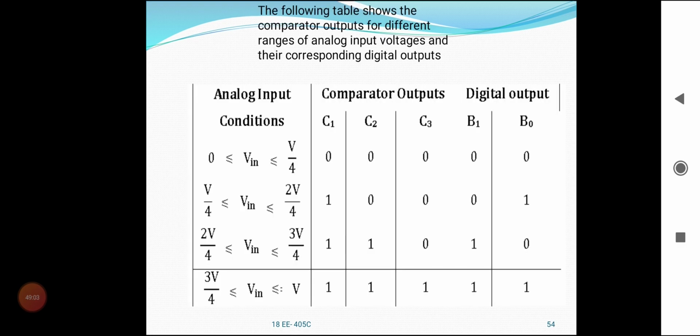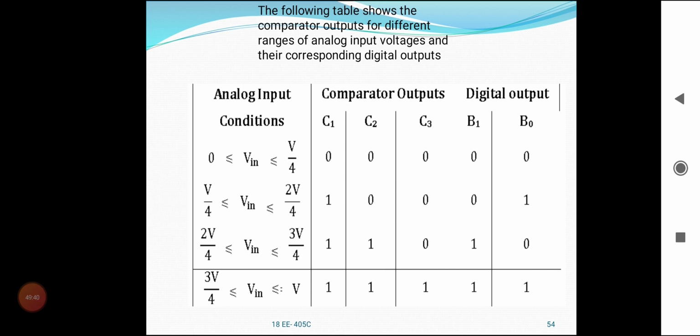The following table shows analog input conditions, comparator output status, and digital output. The digital outputs are B1 and B0, and the comparator outputs are C1, C2, C3.